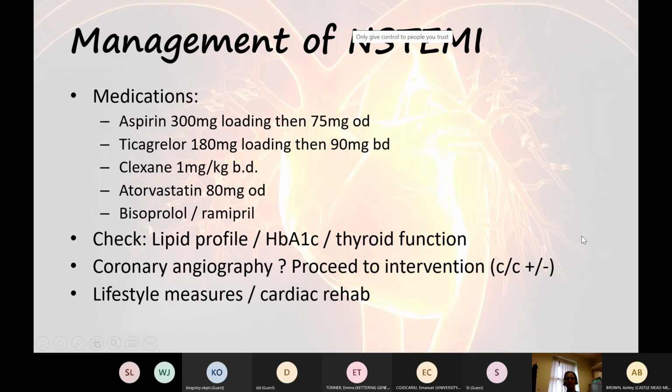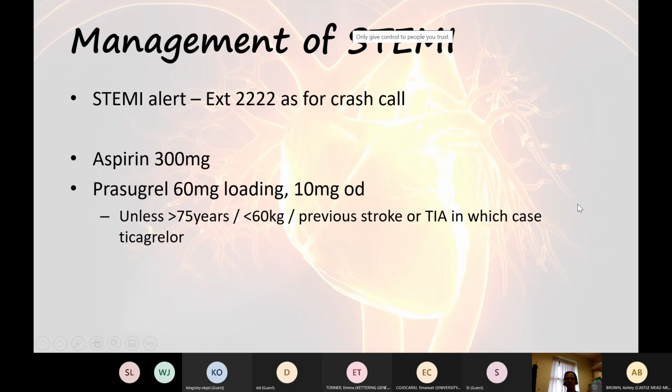So moving on to management of STEMI, we talked about this in the first presentation, so I don't want to go over all of that too much, but we need to put out a STEMI alert, as I said earlier, and you do that by dialing 4-2s just as you would for a crash call. It's an absolute emergency that you get help as quickly as you can, because minutes mean myocardium.